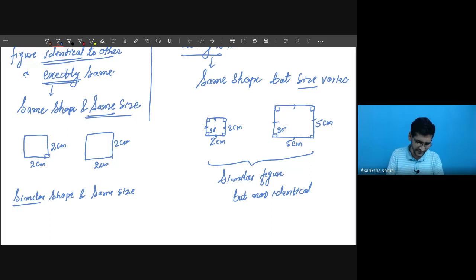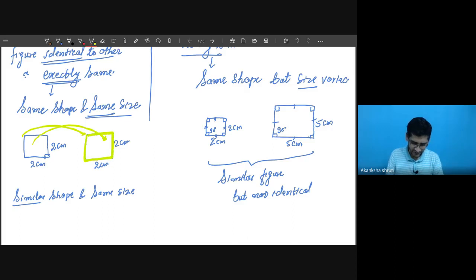It means if you shift this over the other one, then you can observe that whatever this point, it will exactly match with this point. So by placing over the other one, you will observe that this figure gets totally hidden.